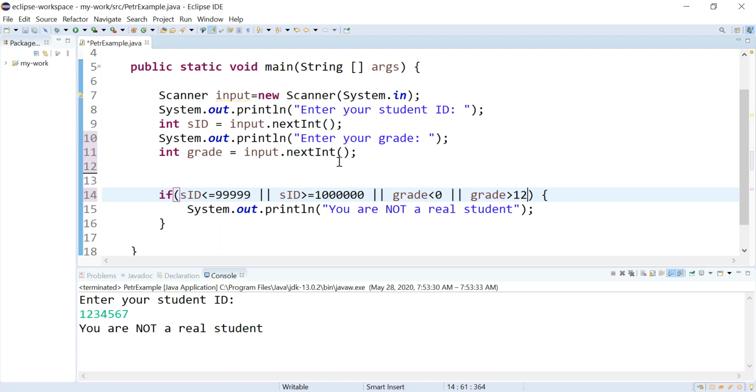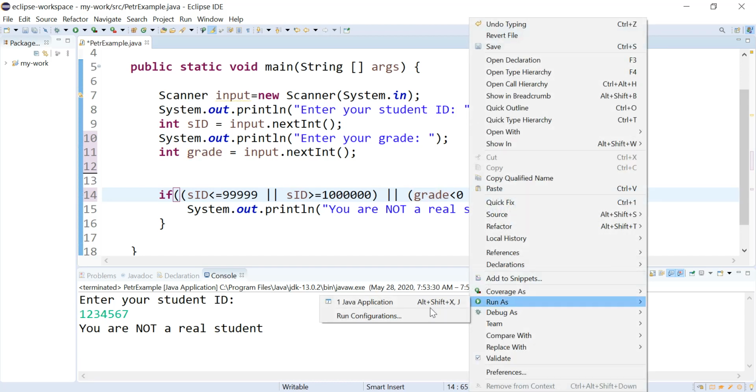If I want to force precedence on these, because right now they'll just go left to right, and that'll make any one of these things being true make this whole thing go true, I can add parentheses just like I would in math. So I'm going to check this as a separate thing, and I'm going to check this as a separate thing. And now it should make its decision based on both of those.